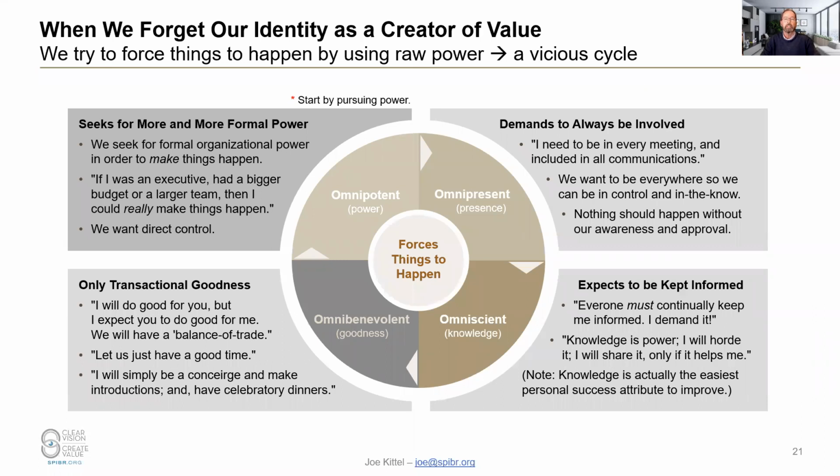When we lose sight of our identity as a creator of value, when we forget that we are part of a powerful, value-creating team, when we think we have to make things happen based on our own personal willpower, we can fall into a vicious cycle that severely limits any value that might come out of an alliance.